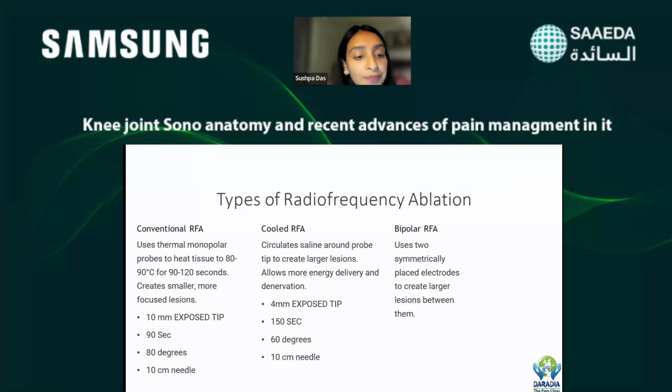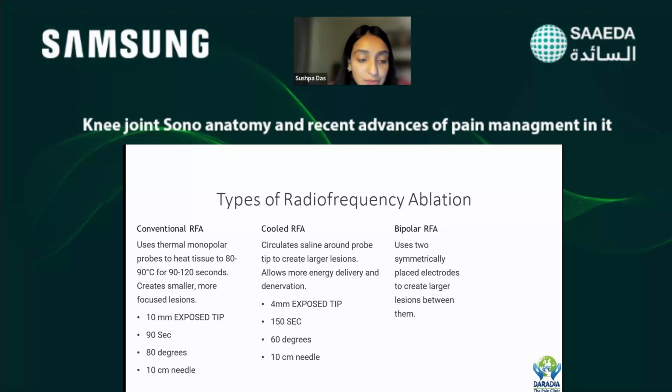In case of the knee, I will be focusing more on the knee joint. So what we usually do is take a 10 centimeter needle, and the exposed tip is around 10 millimeter, and the needle used is a 22 gauge needle. Sometimes we can also use an 18 gauge needle or a 20 gauge needle.